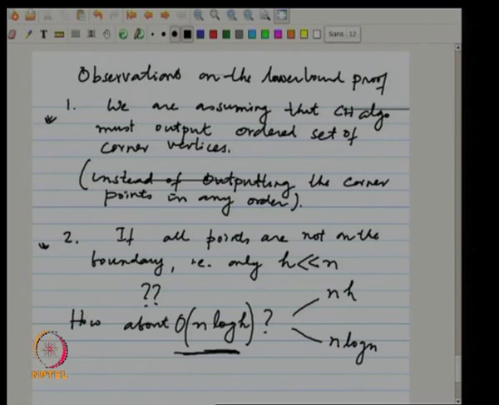Another question on that point 2. Suppose all points are not on the boundary, and assume that your convex hull algorithm is required to give them in sorted order. Then the lower bound coming from the above construction is order n, since you have to scan all the points, obviously. But that only gives you an h log h bound, right? So it is only n plus h log h that is the lower bound you are getting.